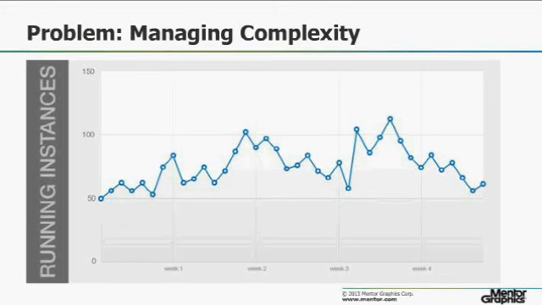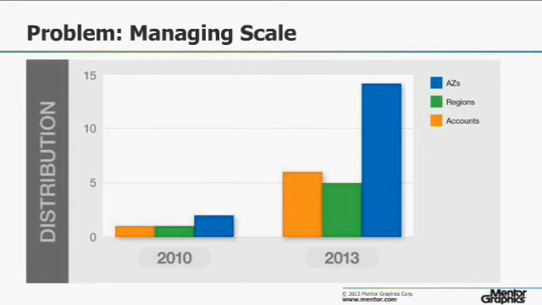So in addition to the instances that are running, you have the scale that happens. Early on we did a lift and shift, where we took our traditional infrastructure that was our web property, moved it from a hosting facility, and put it on Amazon. Pretty basic architecture: single account, single region, multiple AZs.